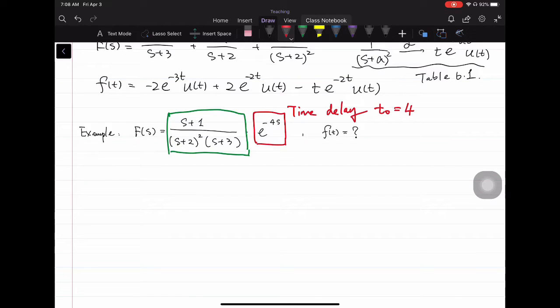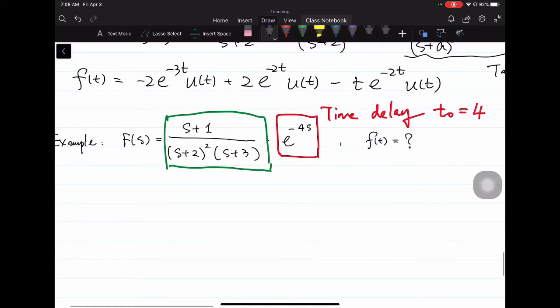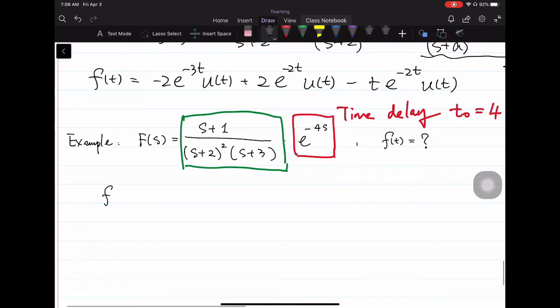If you remove the negative sign and s, whatever is left in this exponential term is the time delay. So if this is the case, then we can directly write down f of t, which will be the time delay version of the signal that I just underlined.